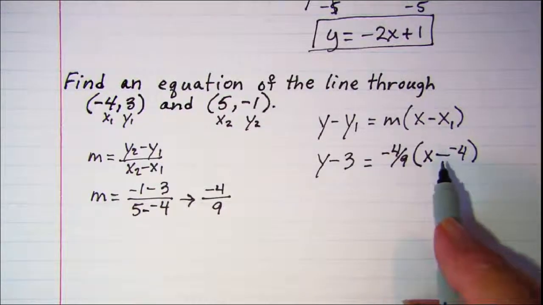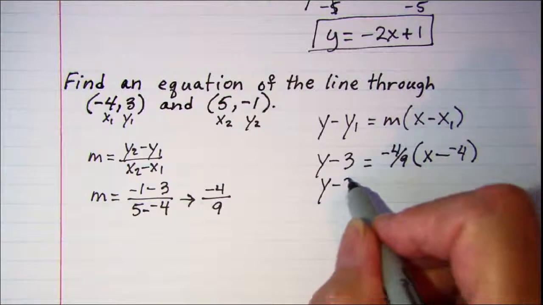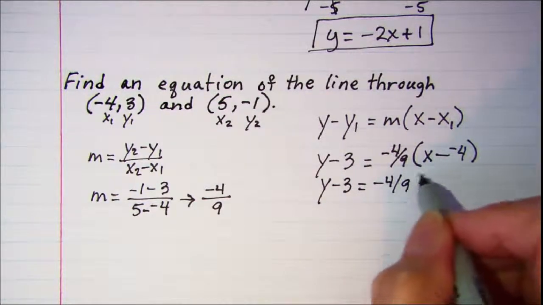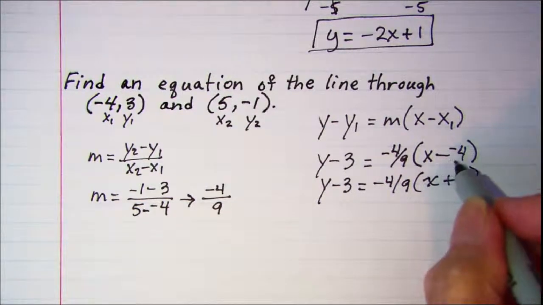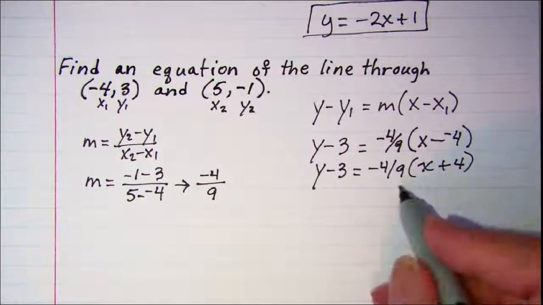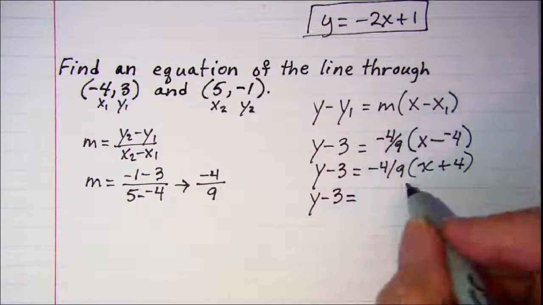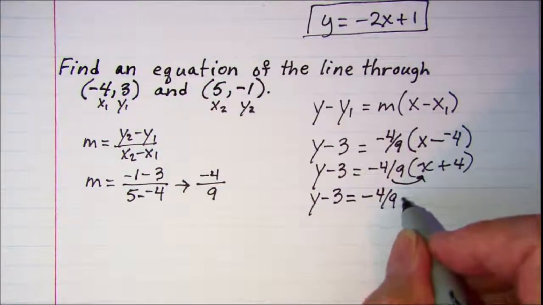Let's simplify this a little bit before we distribute. I've got y minus 3 equals -4/9 times the quantity x plus 4. The two minuses is plus. Now let's distribute. We have y minus 3 equals -4/9 x.